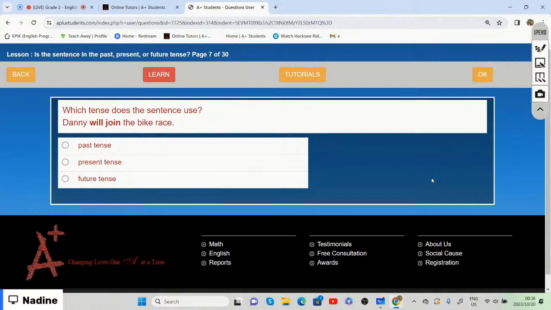Will join. So Danny will join the bike race. Is that in the past, the present, which is happening now, or in the future? It must still happen.